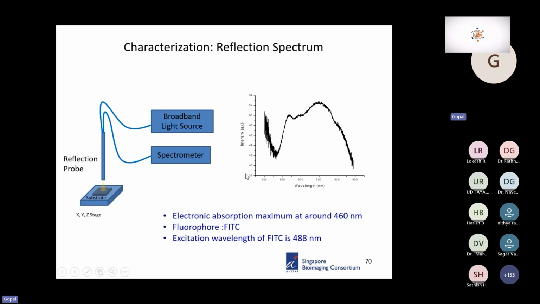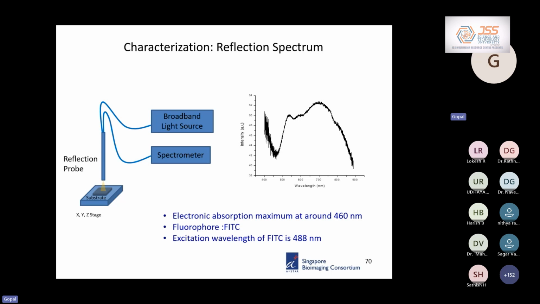Then what we did is, this is the substrate, and this is a broadband light source fiber, the spectrometer, and this the reflection spectrum of a biosample. See, the first step in any biological characterization is fluorescence. Many of the biological samples fluoresce, but the fluorescence intensity is very low.